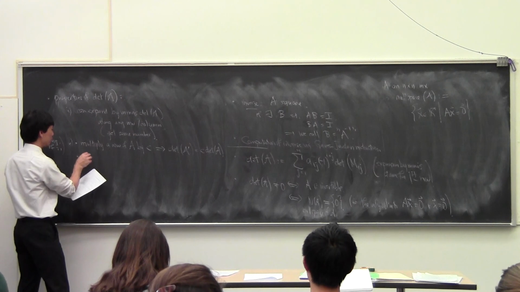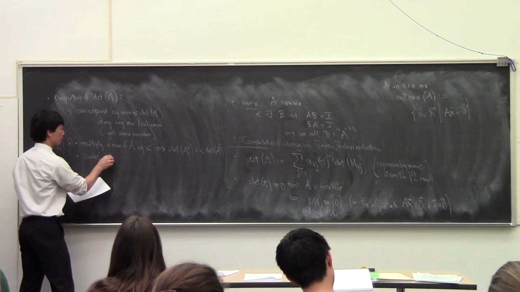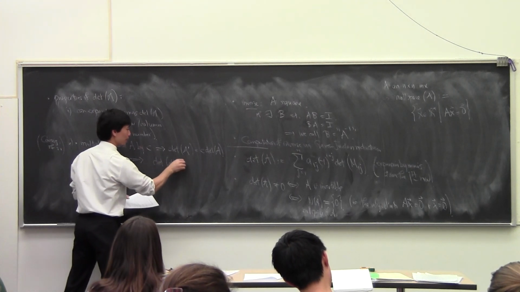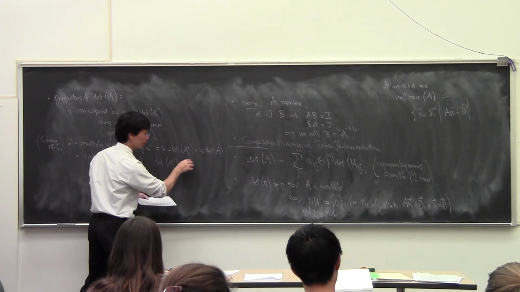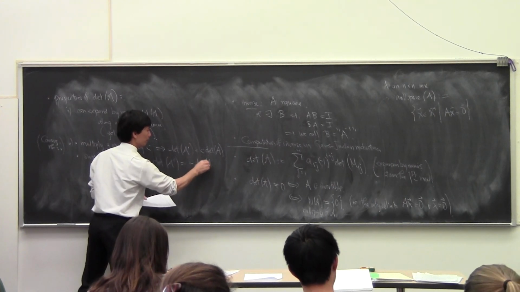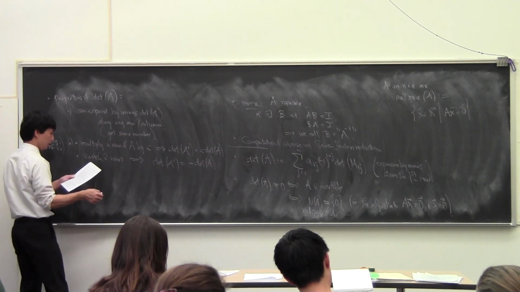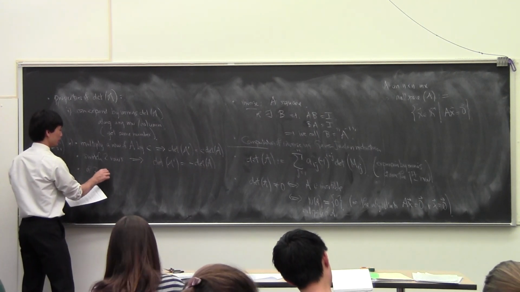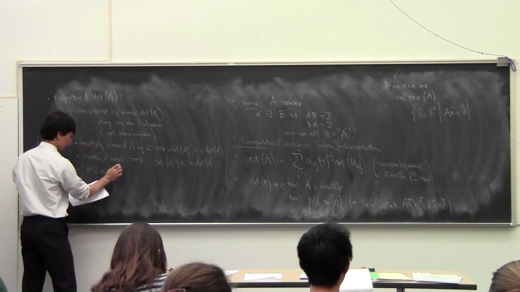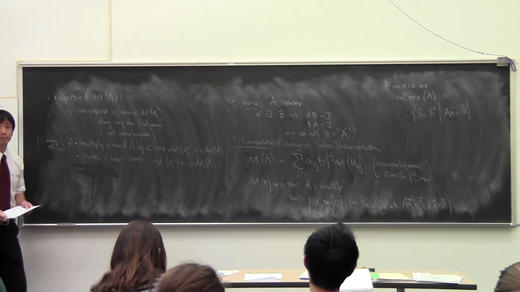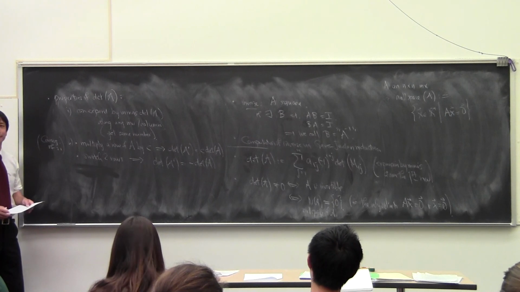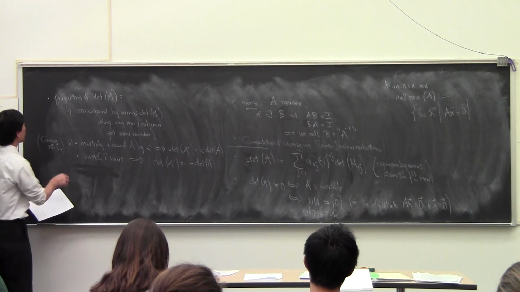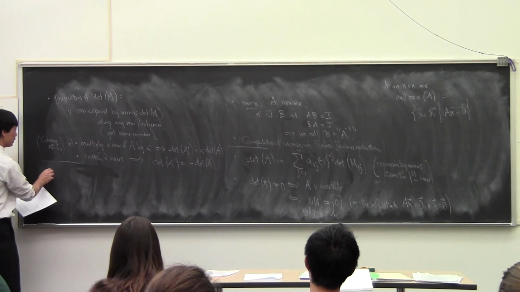If you switch two rows, then the determinant of the new matrix is the negative of the old determinant. That's another property of the determinant.